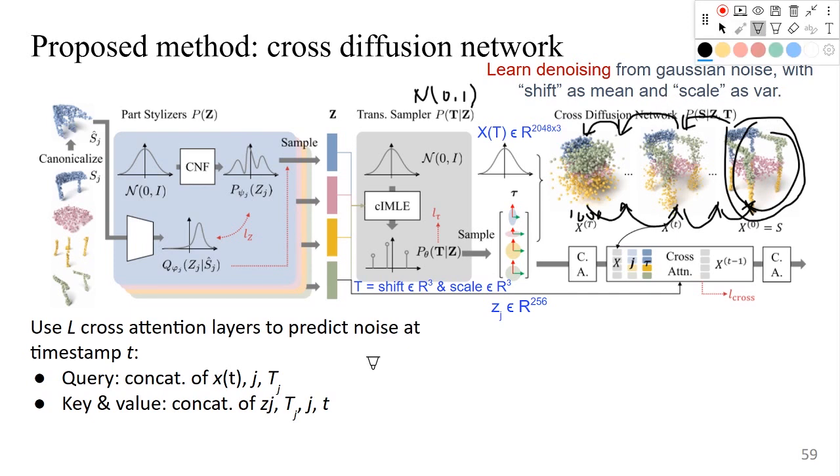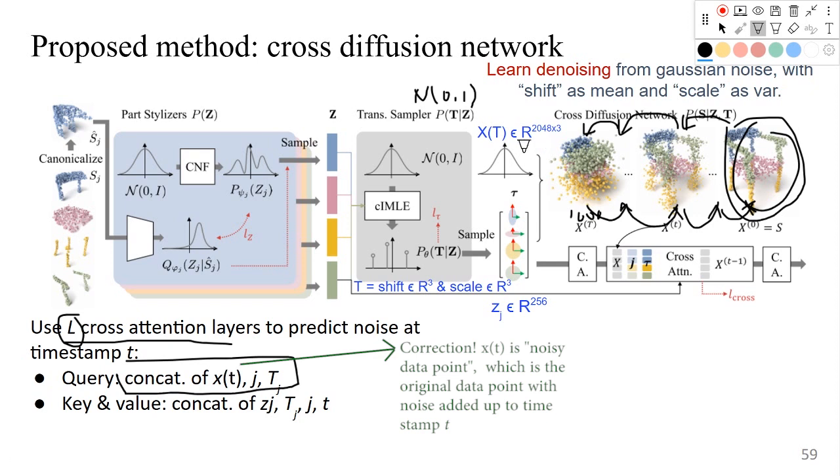In this paper, to achieve this diffusion network, they use L cross attention layers. CA corresponds to cross attention with L layers here, and the query, key, and value are specified by what I write here. The input of the query is the concatenation of these. XT here is the noise at timestamp t.